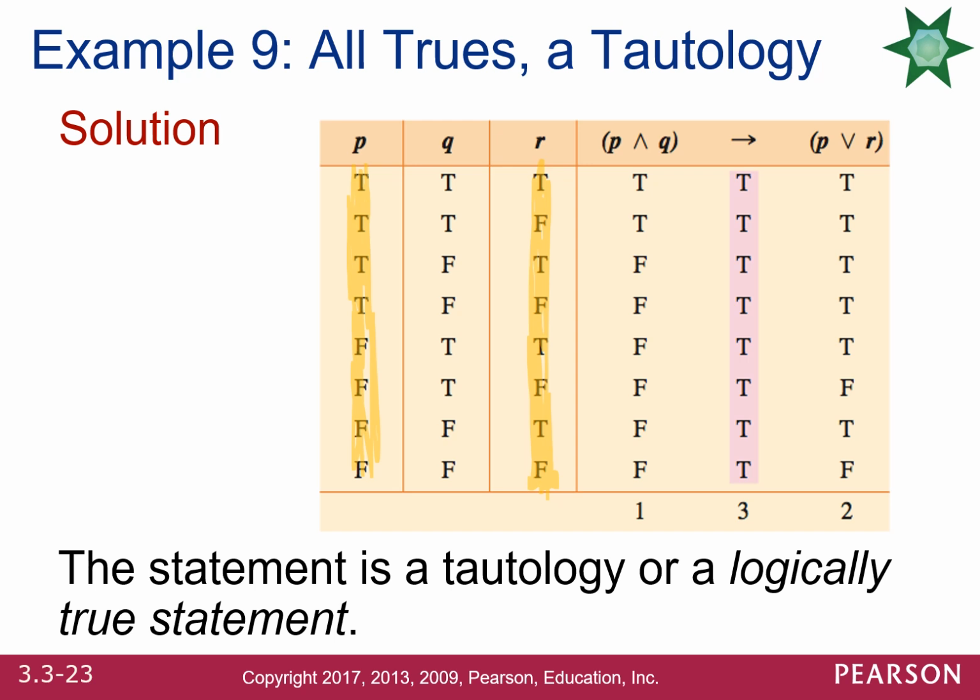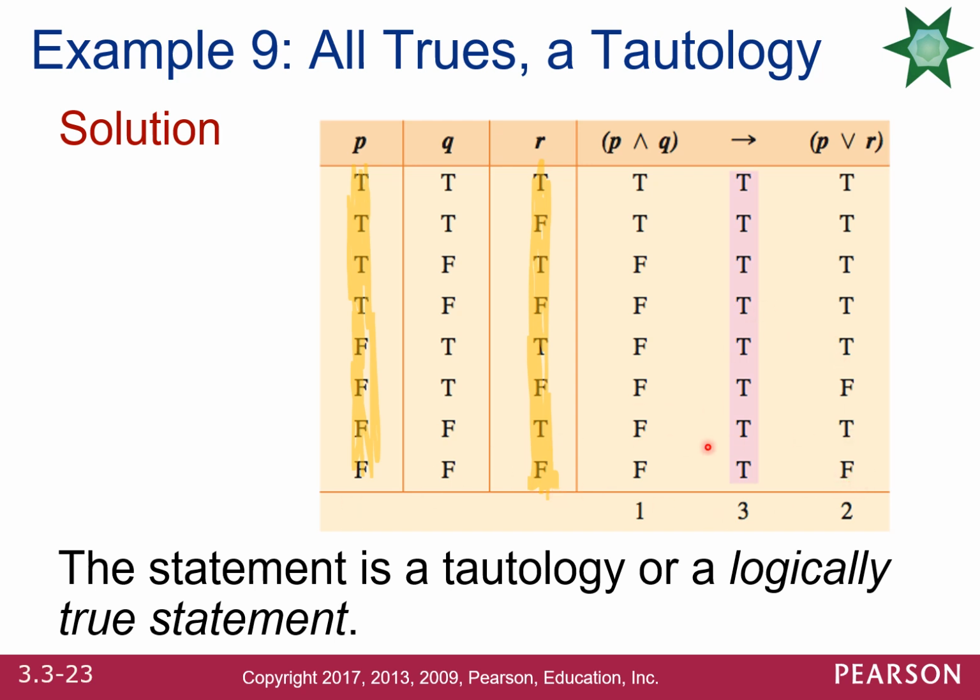So true and true should result in a true. True, false results in true. False, true results in true. And then we have F, F, that's the time when we will get a false. Then we have F, T, which is a true, and F, F again should be a false.